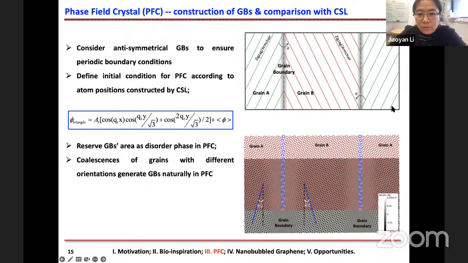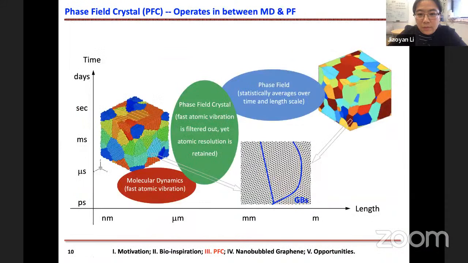Let's go back to here. Maybe I don't have the information here, but the phase field model is also widely used to study the fracture propagation, especially complex patterns, like crack divergence, and also complex fracture patterns can be handled pretty well using the phase field model as well.